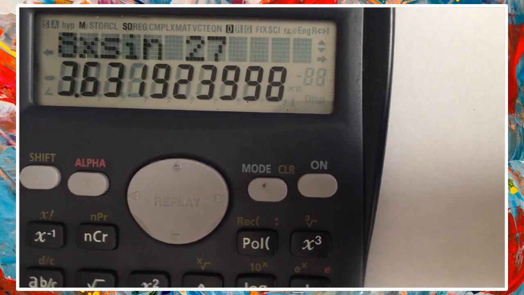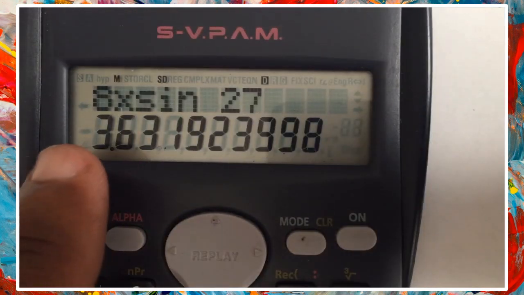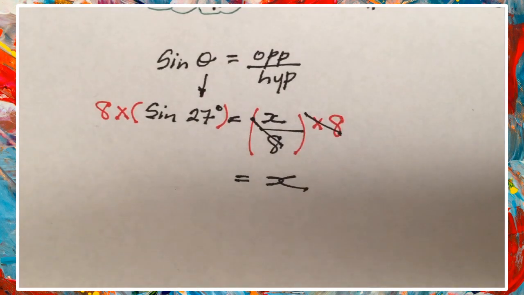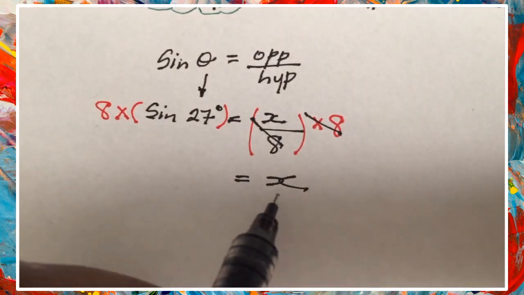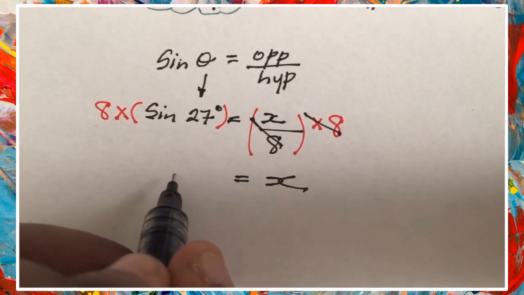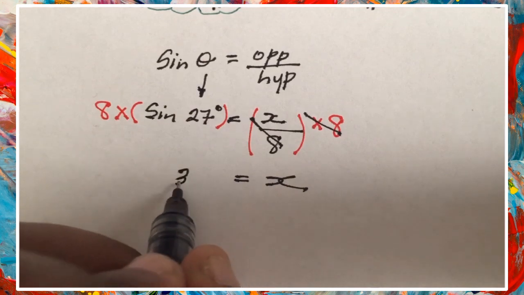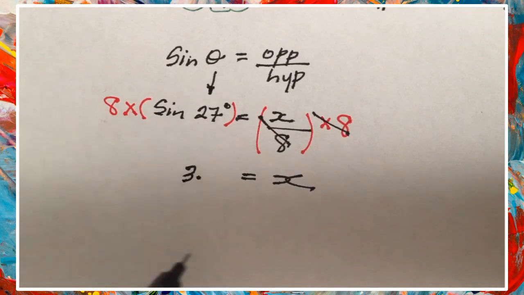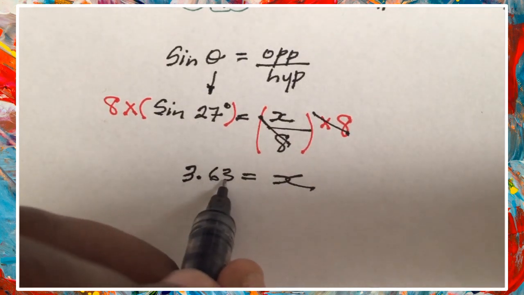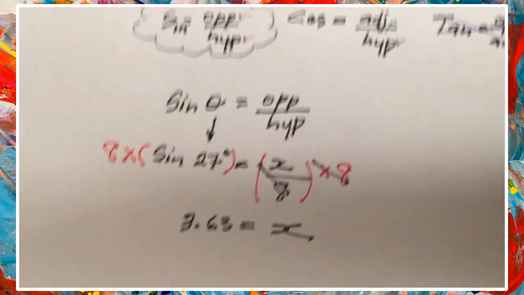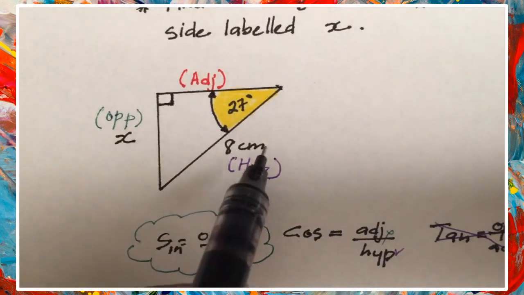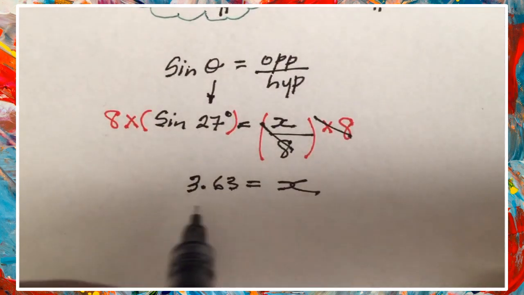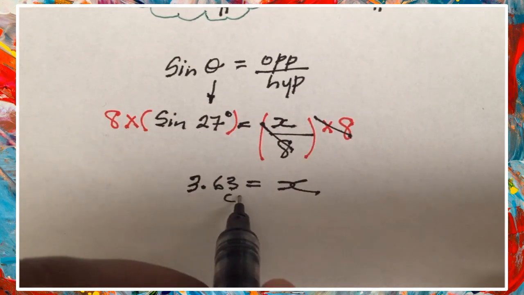Press the equal button, and it is 3.63 to 2 decimal places. So the length of x, the opposite, is going to be 3.63. And remember, the units that this triangle is measured in is centimeters. So to clean it all up, it's going to be 3.63 centimeters.